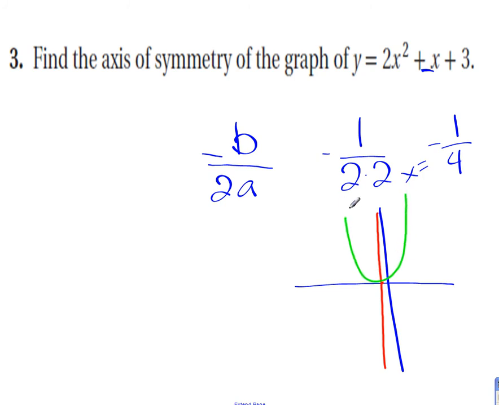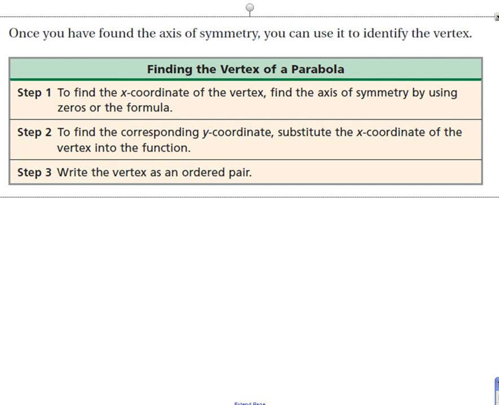Okay? So then we talked about how we can figure out what the y value would be of our vertex. What did we say we could do? Put the x into our equation, which is what we're doing now. So we can't identify the vertex using this.